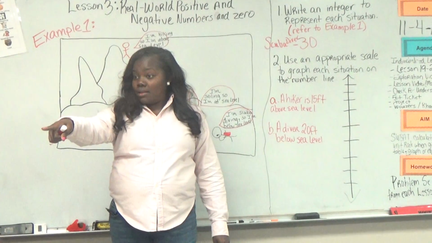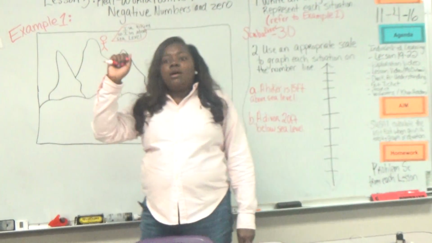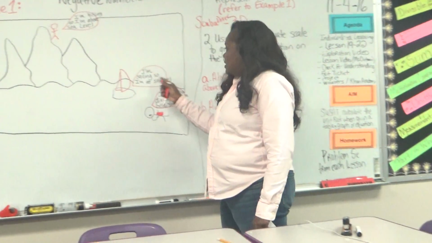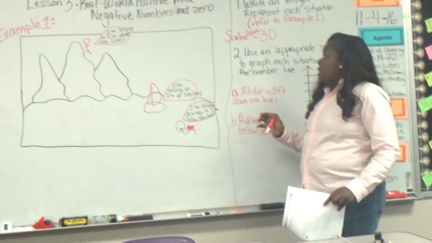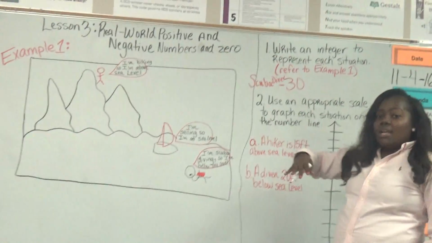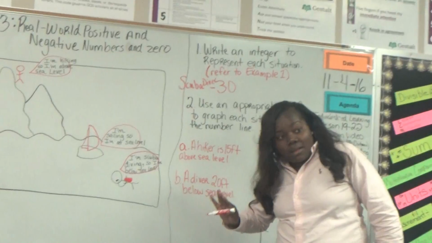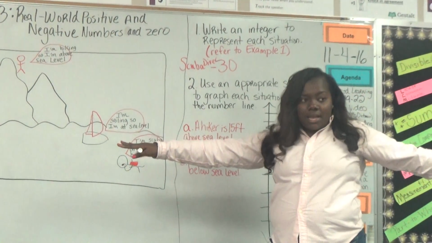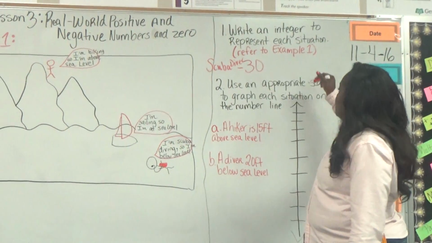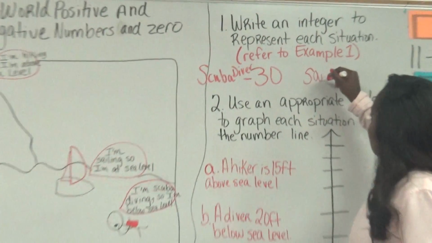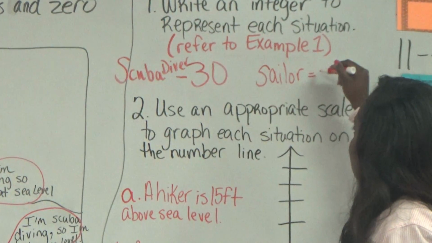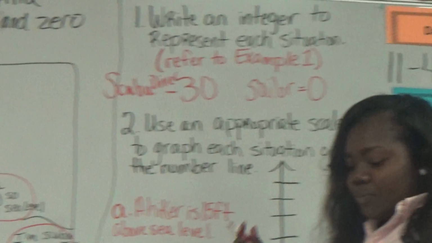So if I'm sailing at sea level, I'm simply at 0. I don't have any elevation, and I'm also not below. I'm just simply at 0, right in the middle. So for my sailor, the integer that represents that would simply be 0.